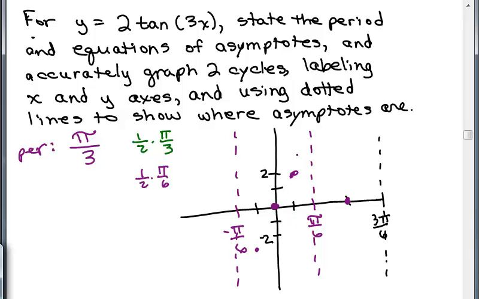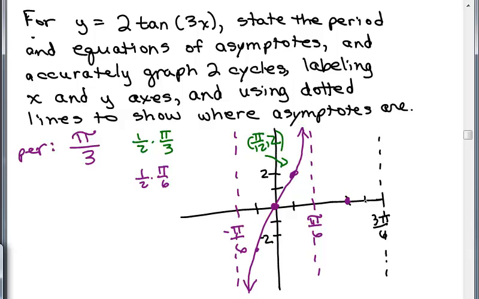So that ordered pair is pi over 12, 2. There's the 3 key points on the tangent, and then we start down and we go through those 3 points, curving it.